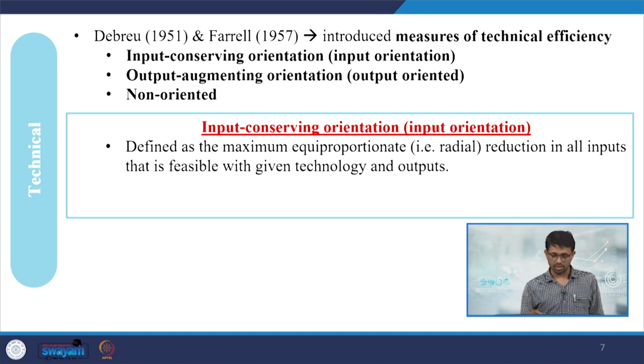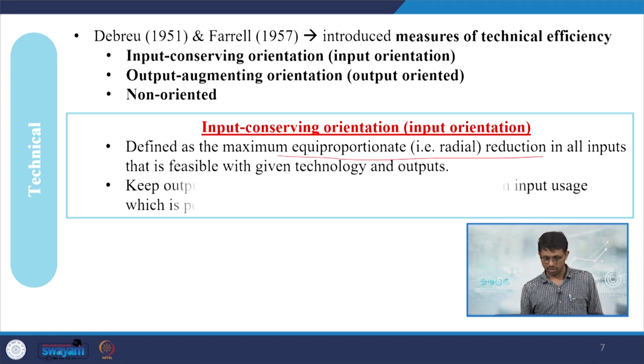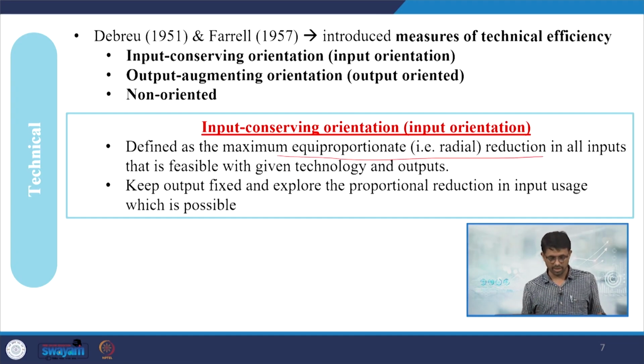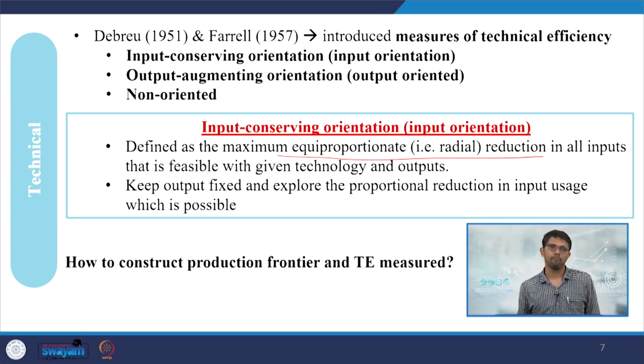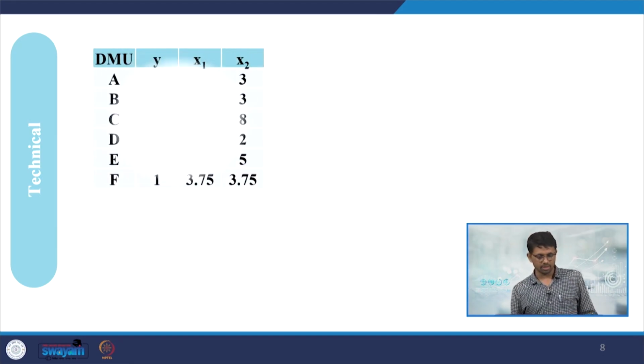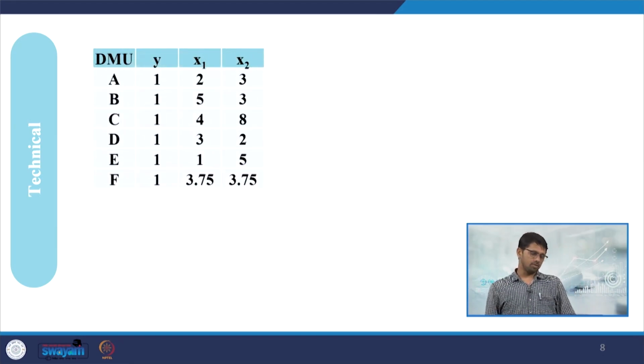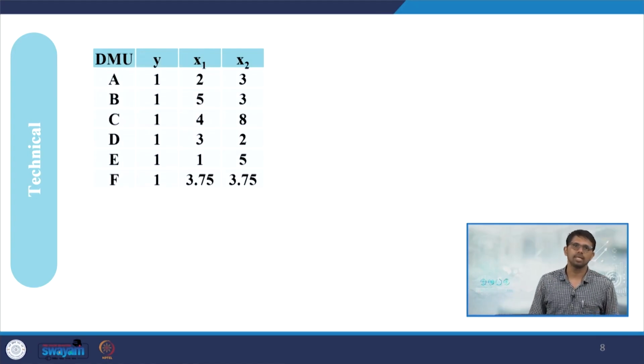We will explain all of this in a diagram. This is also described as keeping output fixed and exploring the proportional reduction in input usage which is possible. How to construct the production frontier and the technical efficiency measure we will discuss shortly, through this example. Here is an example.